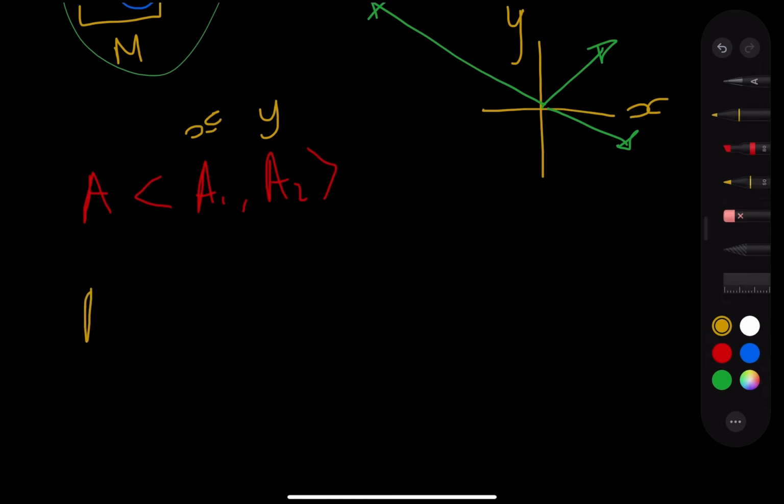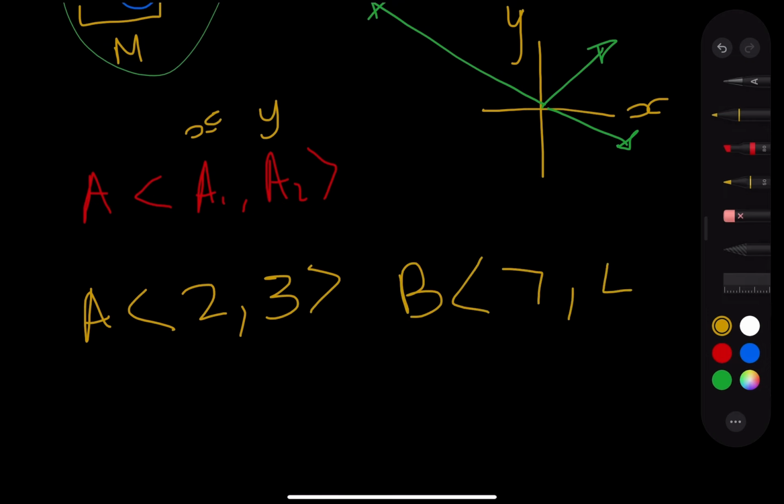So we have vector A here. Vector A has the components, let's say, 2 and 3, and you have vector B, which has components 7 and 4.